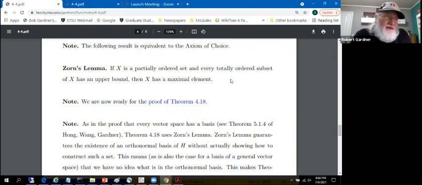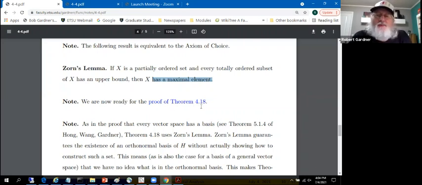And the necessary evil is the equipment of set theory and Zorn's lemma. If X is a partially ordered set and every totally ordered subset of X has an upper bound, then X has a maximal element. All right, we were talking about orthonormal bases. That maximal element is going to be an orthonormal basis.